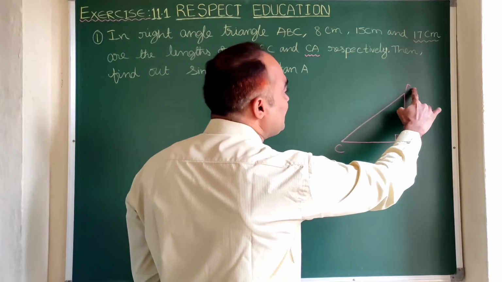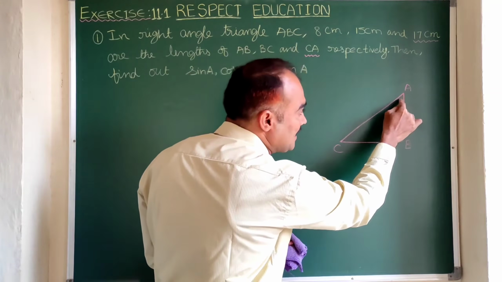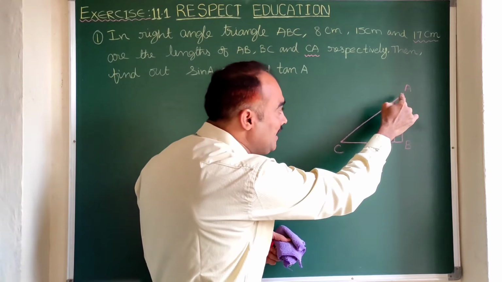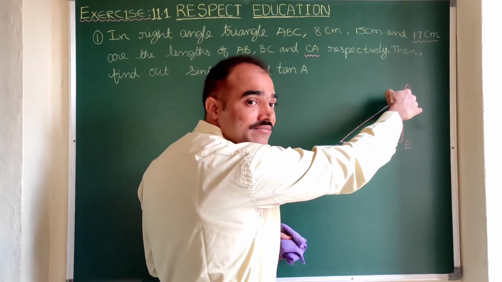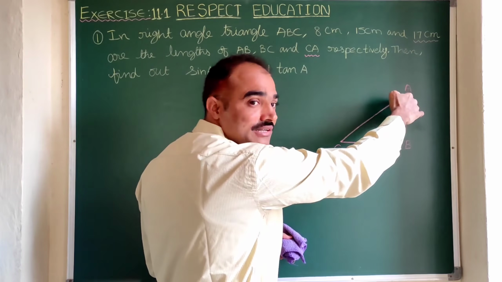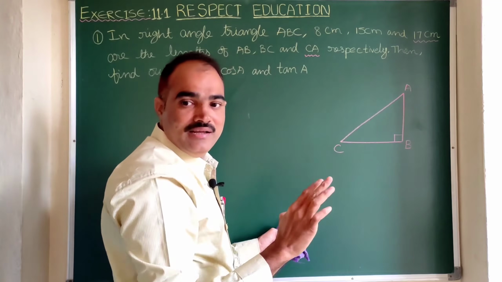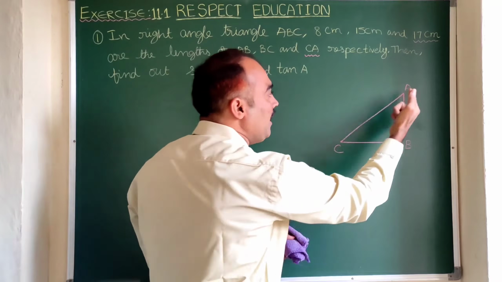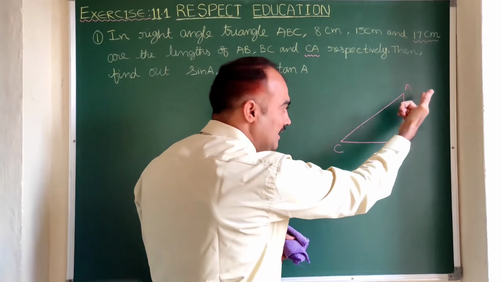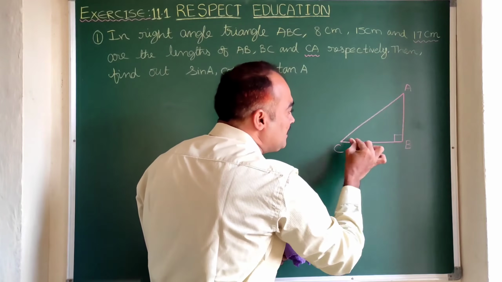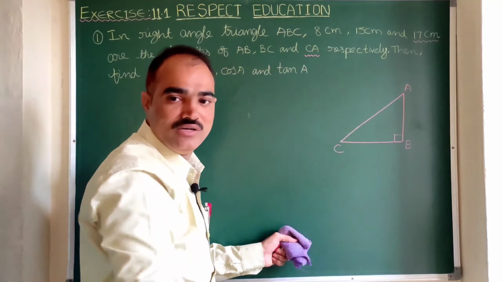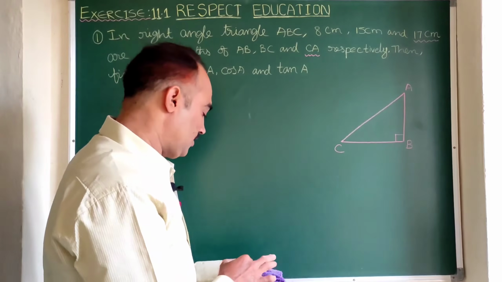For example, A is given here, so you have to stand there. Now if you are standing at A, what is the opposite side? BC. What is the adjacent side? AB. What is the hypotenuse? AC. Clear? Suppose you have any difficulty, better you write A here, C there, then you will be standing here. That will be easy for you to find the opposite, adjacent and hypotenuse. In this also it is easy only. It's not at all difficult. Okay, let us continue.